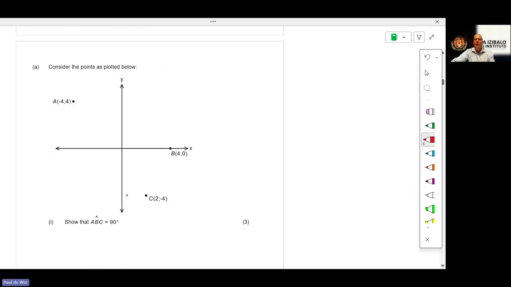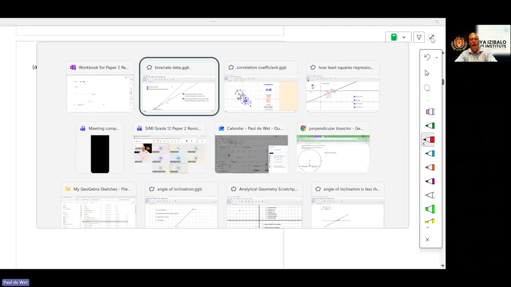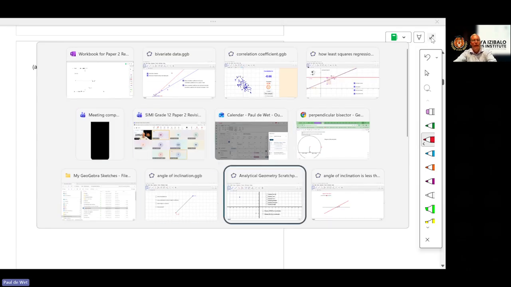Okay, all right. We're now going to talk a little bit about analytical geometry. Okay, and again, I want to just start off with a sketch or two just to kind of warm us up.